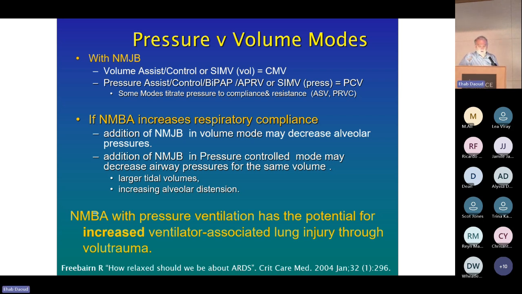If there's addition of neuromuscular blockade in pressure mode, they decrease airway pressures for the same volume. And if you use the same pressure, you'll end up with a larger tidal volume, which may increase the alveolar distension, which may be doing the reverse to what we think it's doing. Rather than helping the patient, it may be harming them. And so neuromuscular blockade with pressure ventilation has the potential for increased lung injury through volume.